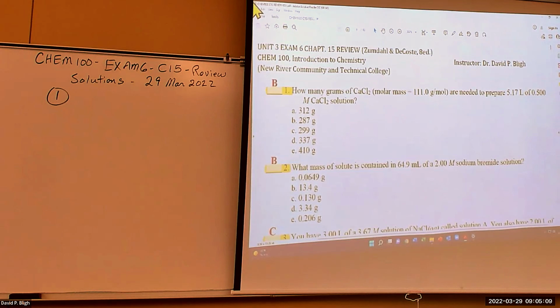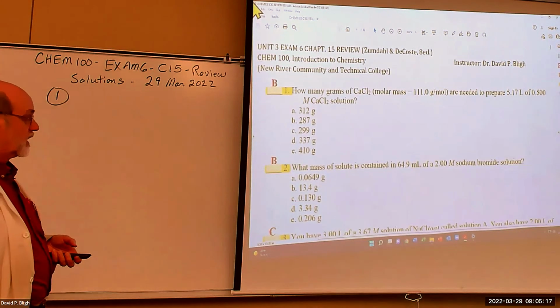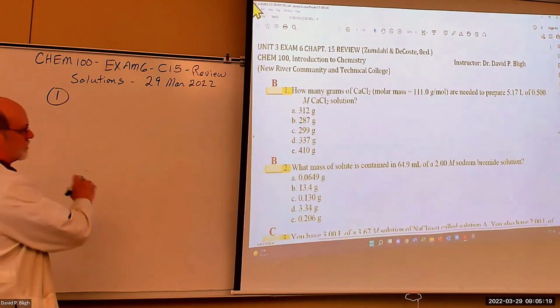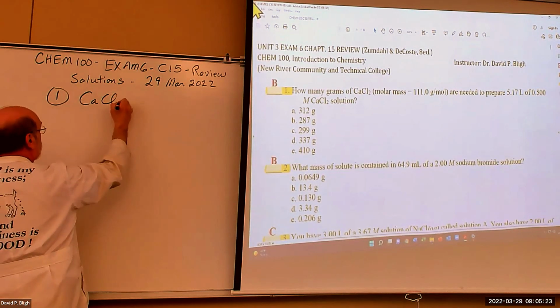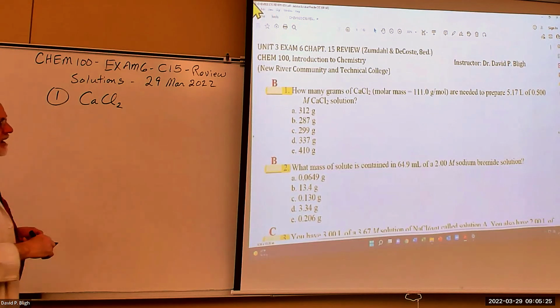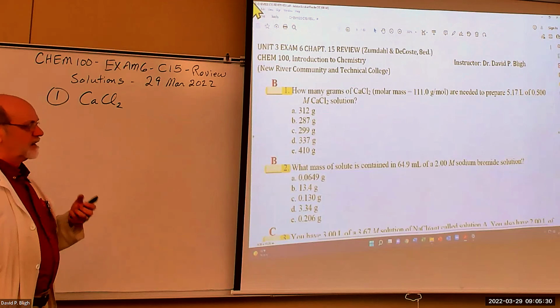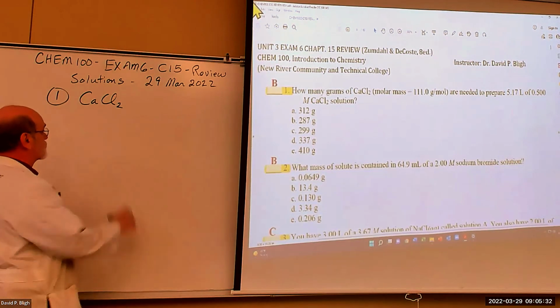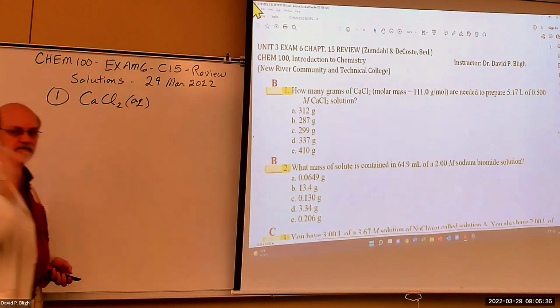How many grams of calcium chloride are needed to prepare 5.17 liters of 0.5 molar calcium chloride? So what do we know? We know the compound is that. And we know it's going to be in some kind of solution. Actually, for molarity, it doesn't matter what the solution is made of, but most of them are going to be aqueous for our purposes.